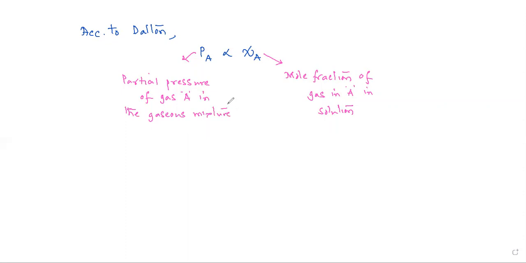So PA is proportional to XA. Greater the partial pressure of gas A in the mixture, greater is its solubility, so greater is its mole fraction in the solution.